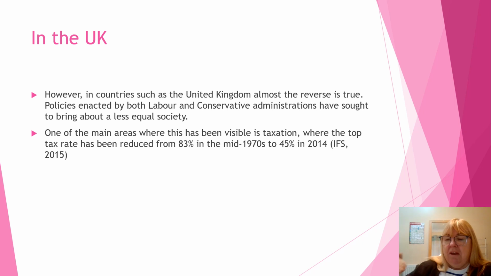And then that drops down and down again to where most people are taxed at 20%. So the money that we've been getting from the ultra rich has dropped over the last 30 years, and that's because we're a capitalist society, so they don't really like doing things like that.